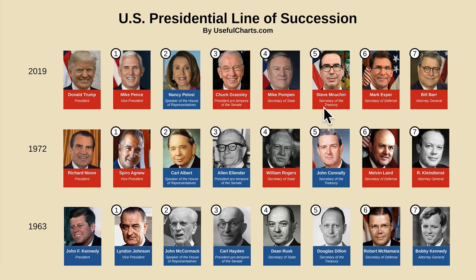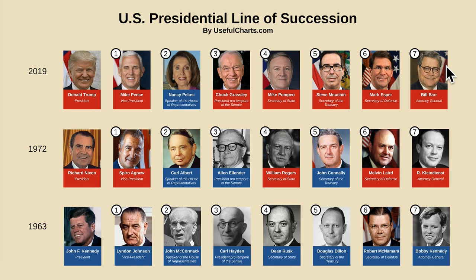We then get the Secretary of the Treasury, the Secretary of Defense, and the Attorney General. The list actually continues on after this and includes another 10 or so less important cabinet members. But on this chart, I opted just to show the first 7 individuals in the line of succession.